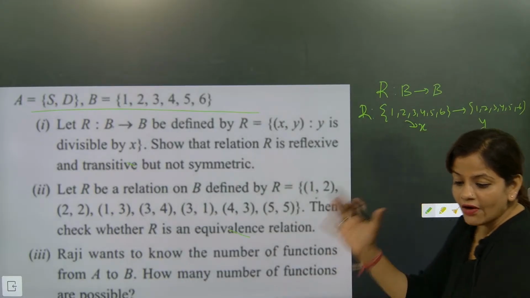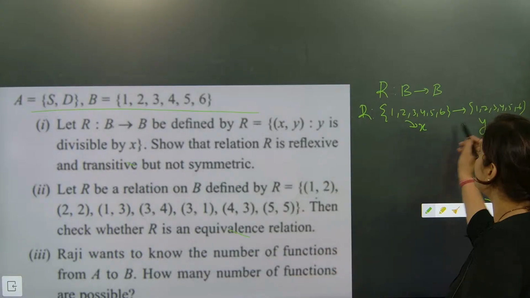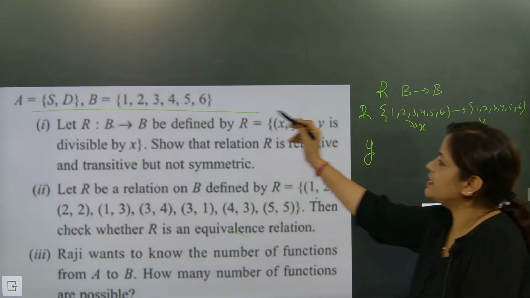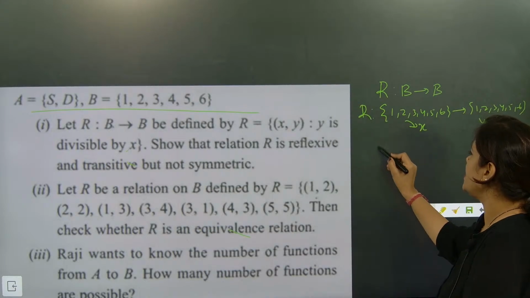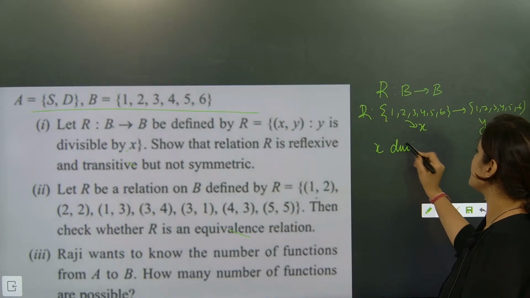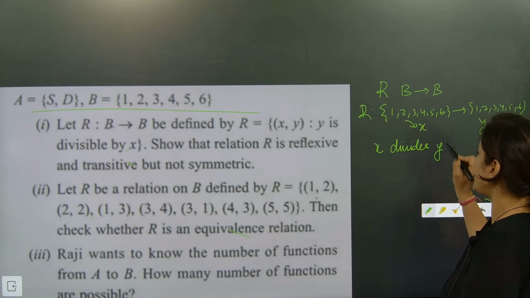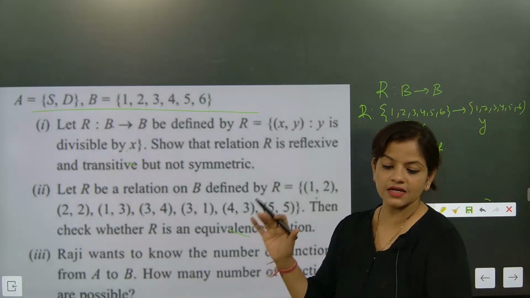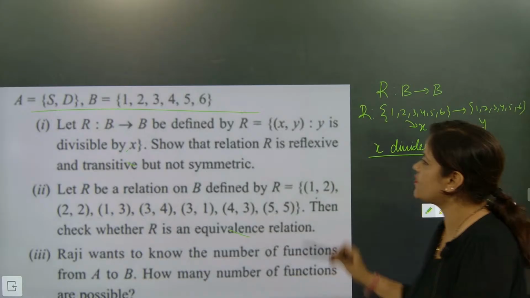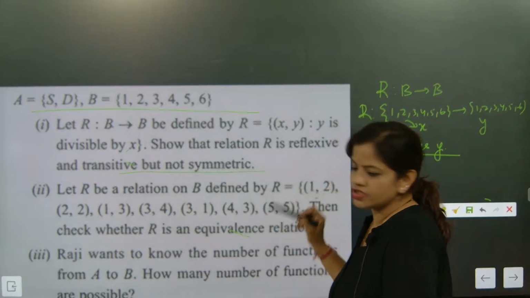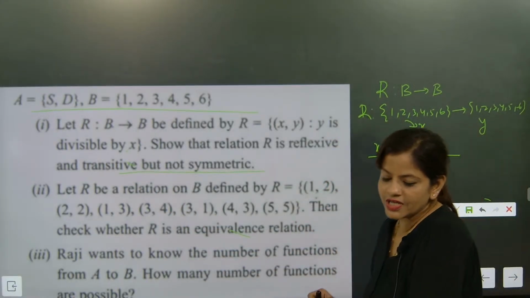And after that, the second condition given is Y is divisible by X. So that means X divides Y. Y is divisible by X means X divides Y. So R is reflexive and transitive but not symmetric. So you need to check this part out.